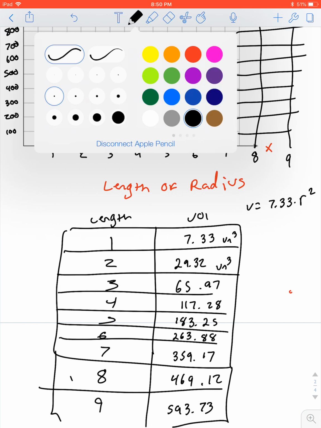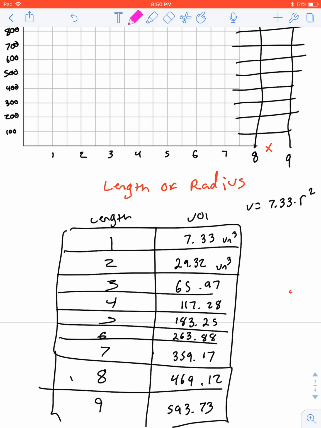So here's what I'm going to do now. I'm going to mark these out. Let's go with a nice, bright pink. That'll help. So length of 1 is 7.33. So I'm going to still leave that down here. Length of 2 is 29. Goes up a little more. Length of 3, 65. A little more still. Length of 4, 117.